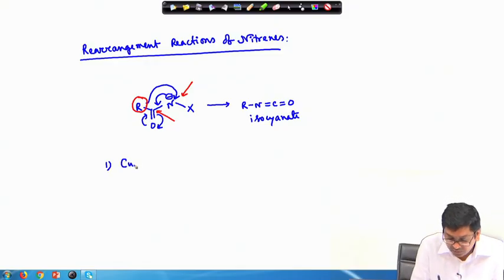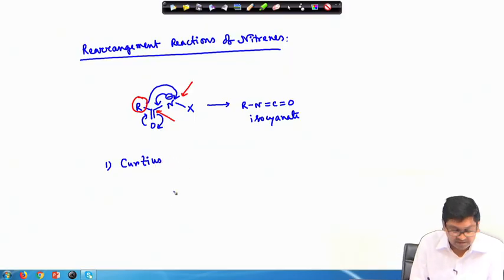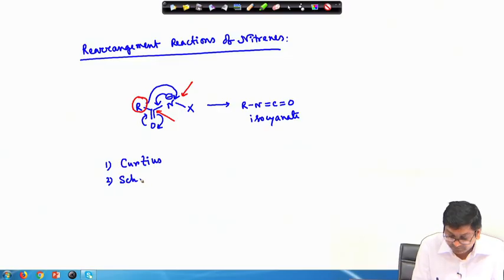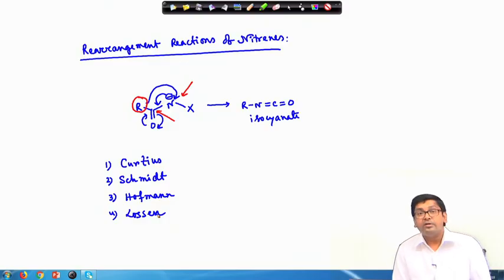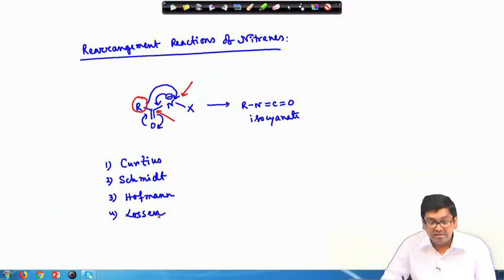One is called the Curtius reaction, next is the Schmidt reaction, number three is the Hofmann rearrangement reaction, and four is called the Lossen reaction. So, the Curtius rearrangement, Schmidt rearrangement, Hofmann rearrangement and Lossen rearrangement, these four types of reactions are associated with electron deficient nitrogen species.